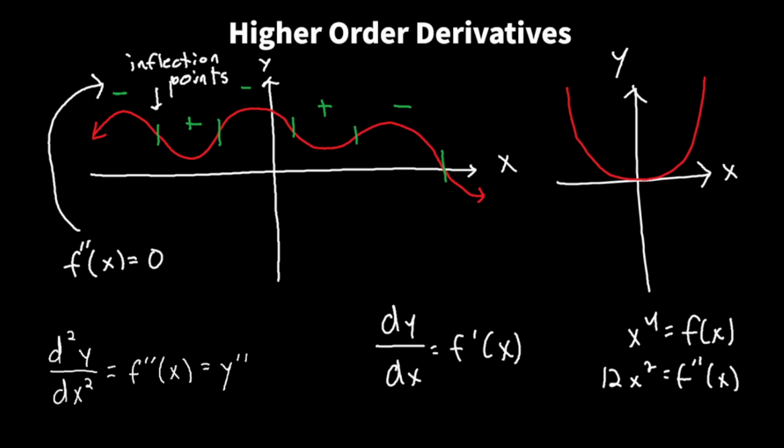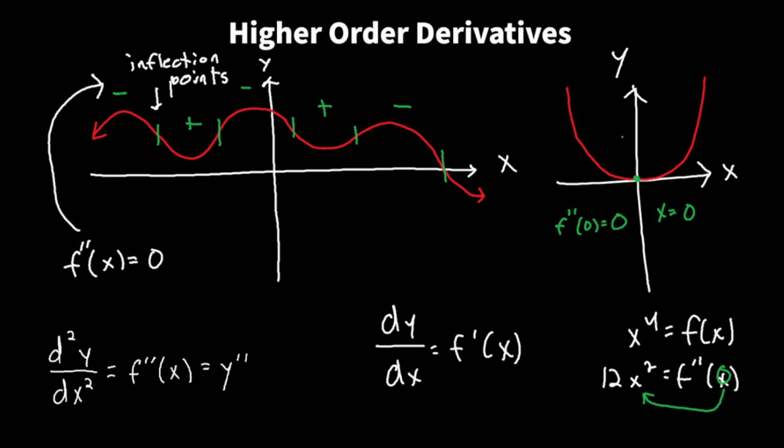At 0, when the second derivative is 0, x is equal to 0, and f double prime of 0 is also equal to 0. If you plug in 0, you get 12 times 0 to the power of 2, which is just 0.